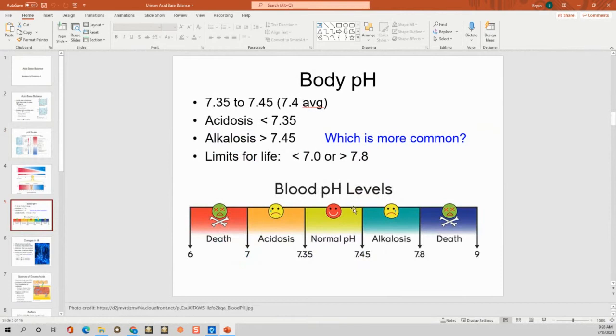So the normal range of body pH is 7.35 to 7.45. So the normal range is slightly alkaline. It's slightly basic. Yes, no, maybe so? This will be important. Why would we need to have a blood that's slightly basic all the time? What do you guys think is more common? Fighting against acids or fighting against bases?